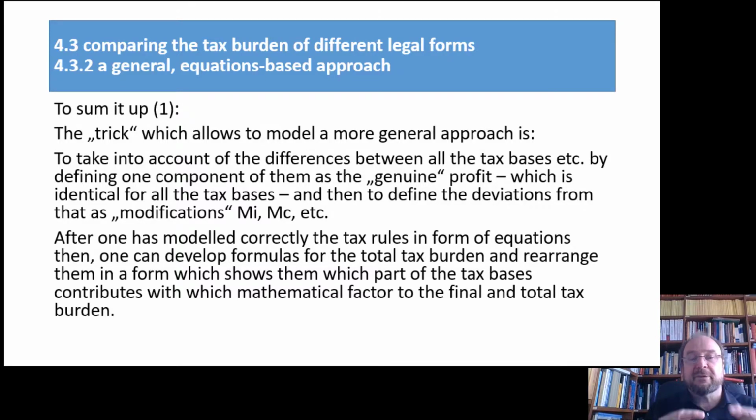a form of the equation which shows, okay, P contributes to the total tax burden with a certain factor, in brackets. The wage paid for the manager contributes to the total tax burden, lowers it or increases it by a certain factor, and so on for each individual component.